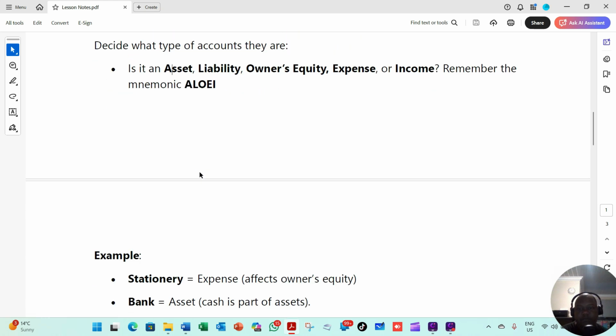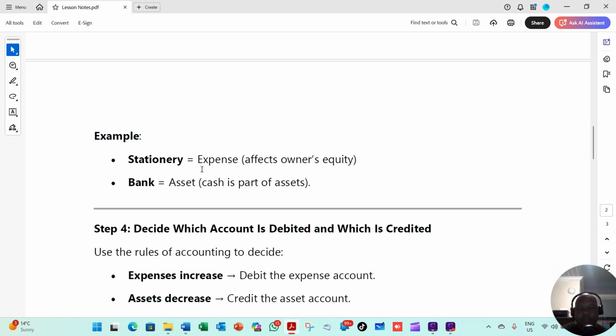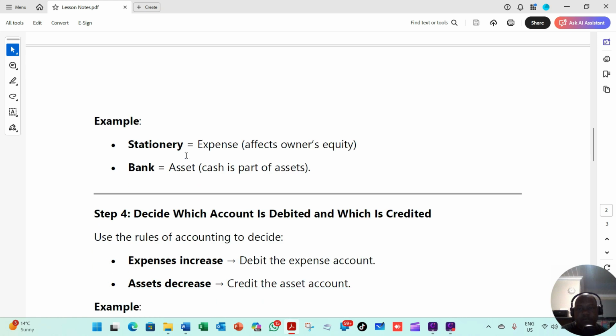And then in our example, stationery is an expense account. I hope that by now you know this by heart, that when you see an account which is stationery, you already know that it is an expense. You don't even go through the definition of what an expense is. Bank, you know that a bank is an asset account.